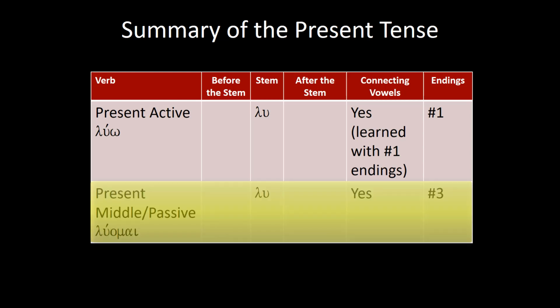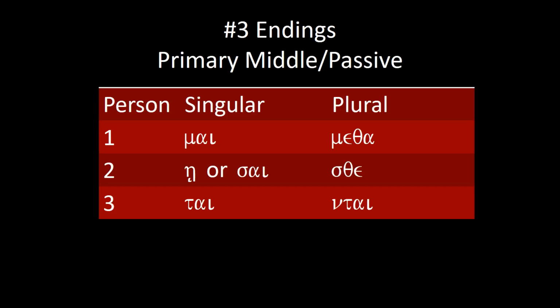Now let's look at the present, middle, and passive. This is stem plus connecting vowels plus endings. Same pattern, just different endings. These are the number three endings: mai, sai, tai, metha, sthe, ntai. These are called the primary middle and passive endings.